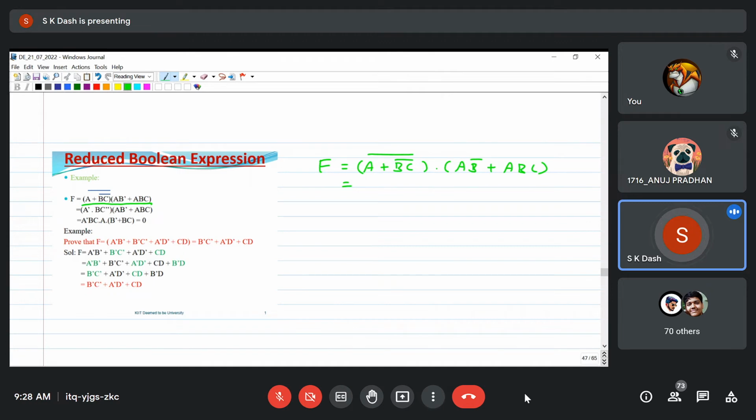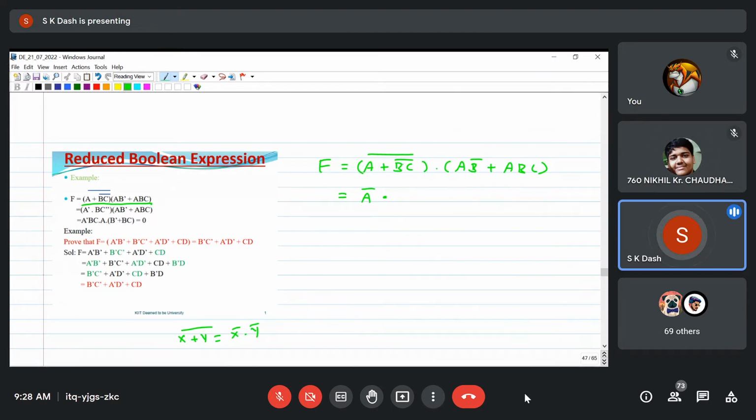What is De Morgan's theorem? We know that x plus y whole complement is equal to x bar dot y bar. So what will happen to this? Here x is A, this will be A complement dot. What is y here? BC.